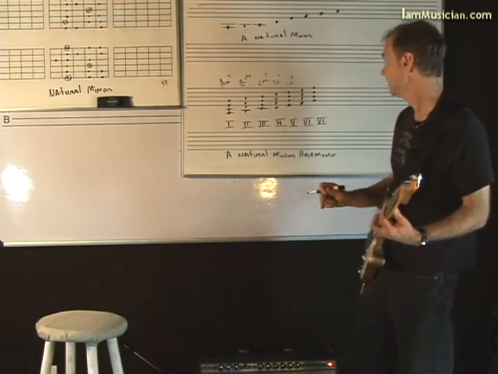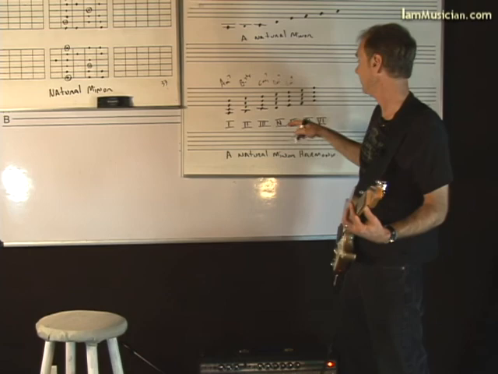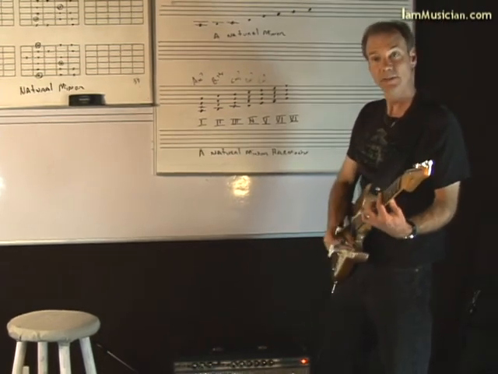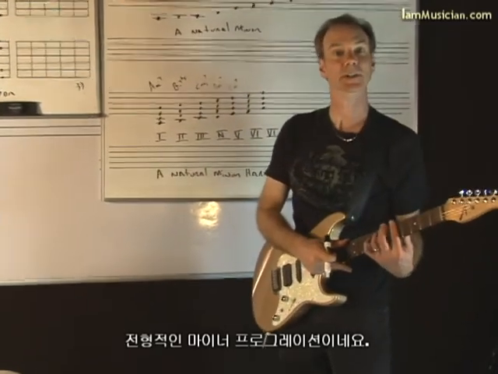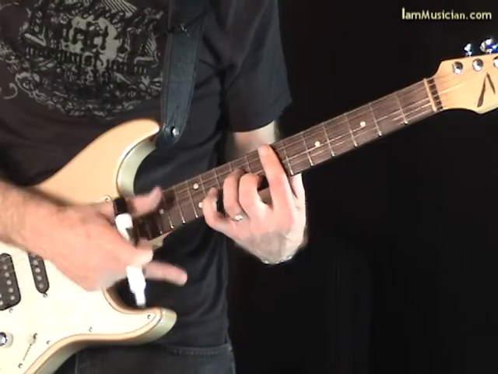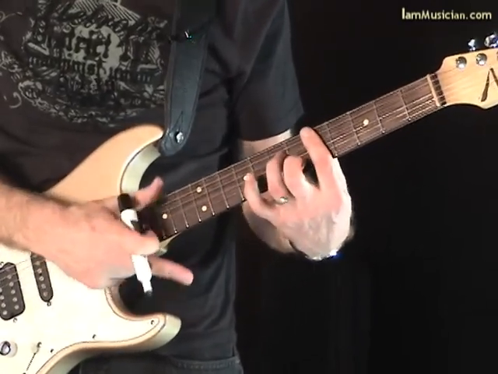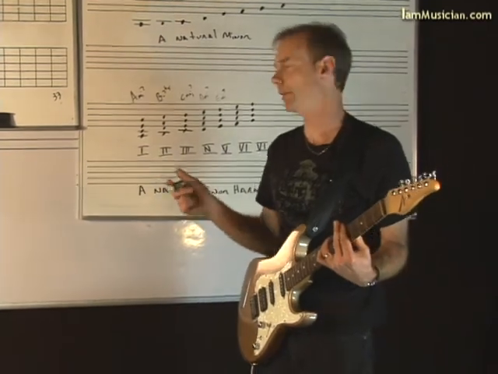So notice we have minor chords on the 1, 4, and 5 of the chord progression. That's a very typical minor progression right there. That would be a typical A minor progression.